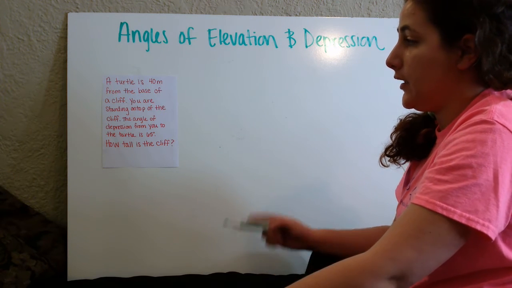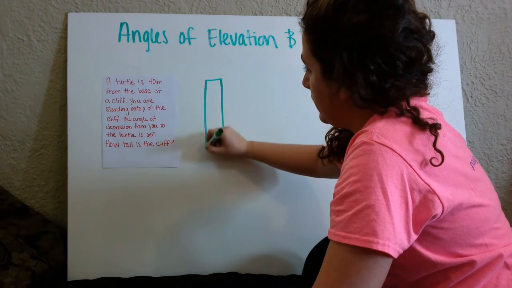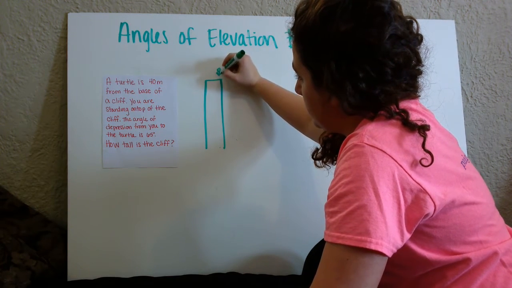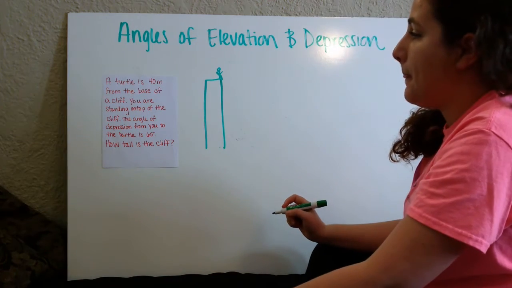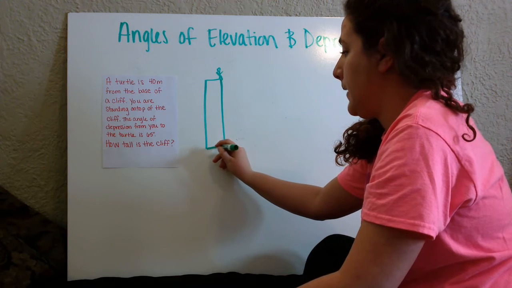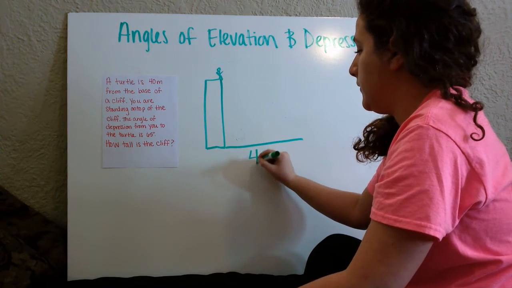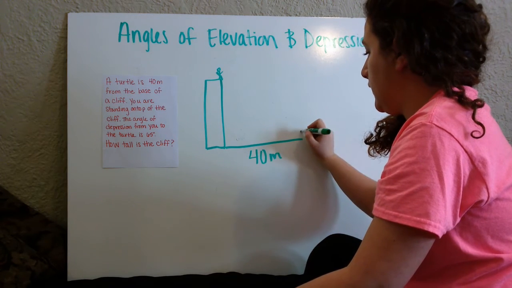How tall is the cliff? So we have a cliff that we're standing on top of. And then it says that there's a turtle 40 meters from the base. So here's the base of our cliff. We're going to go out 40 meters. And here's our turtle.